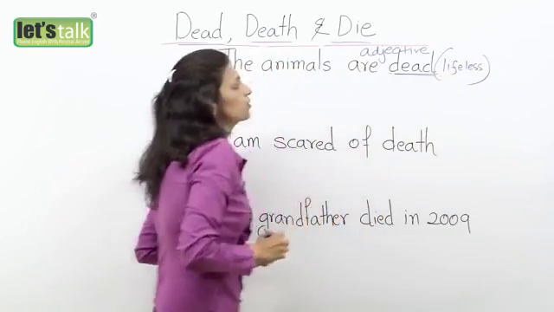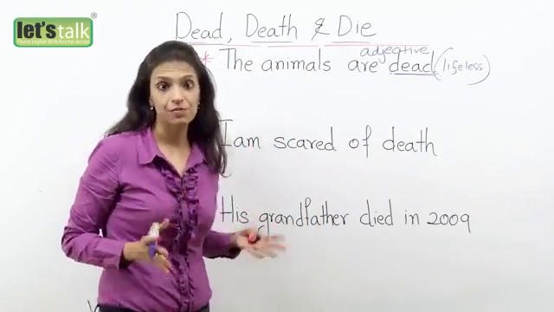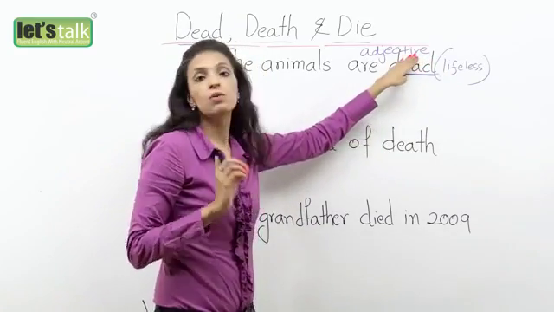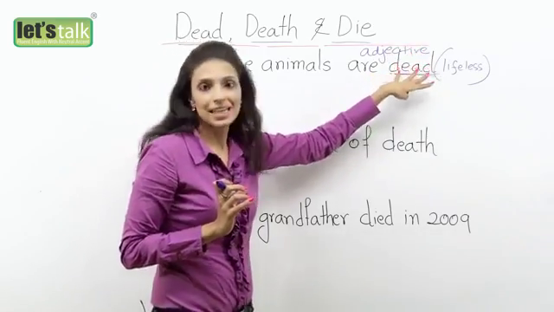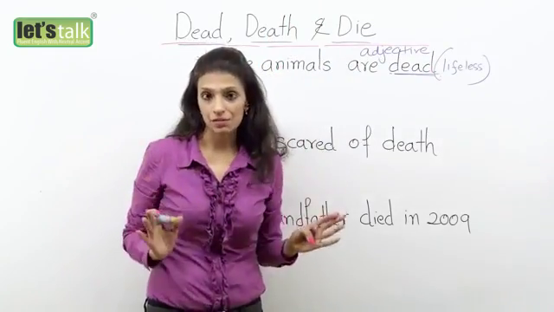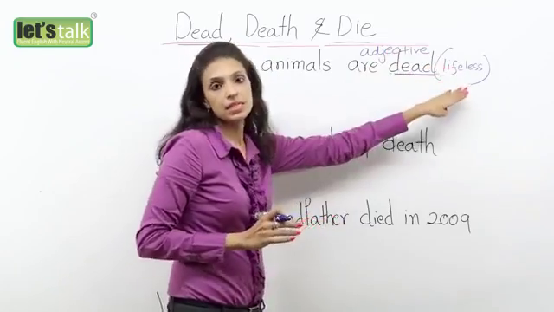So when you talk about something or someone being dead, it means that there is no life left. So it's lifeless. So if you remember, adjectives are words that describe something. So here the word dead is describing the animals of being completely lifeless. Okay. So remember, dead is an adjective that means lifeless.